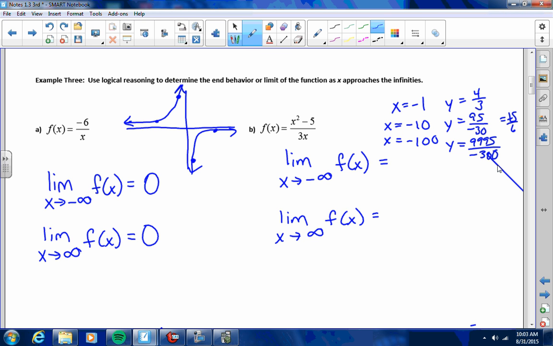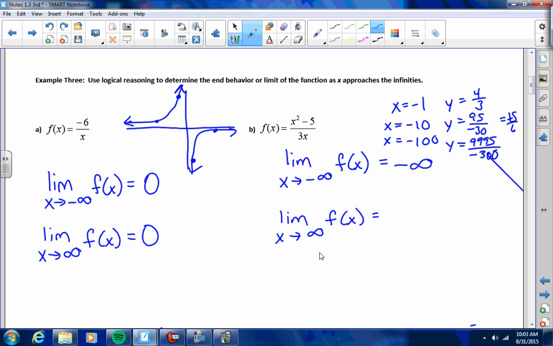Negative infinity. Think about if you plugged in negative 1,000. Now think about negative 1,000 squared. Huge. Divided by a negative number is a really big negative number. So it's going to negative infinity.